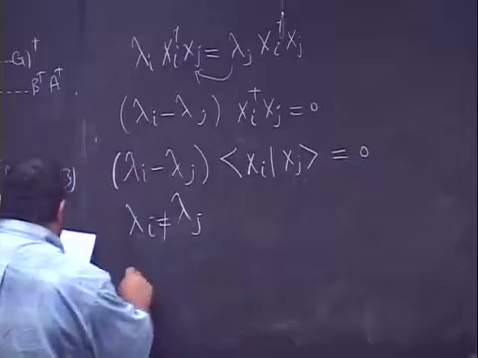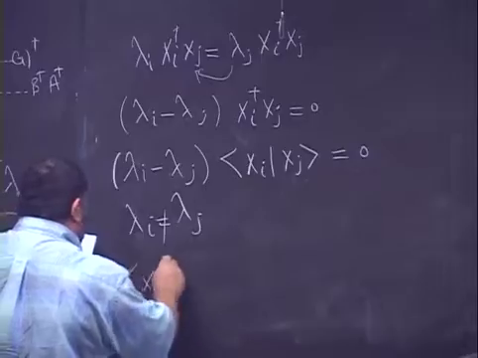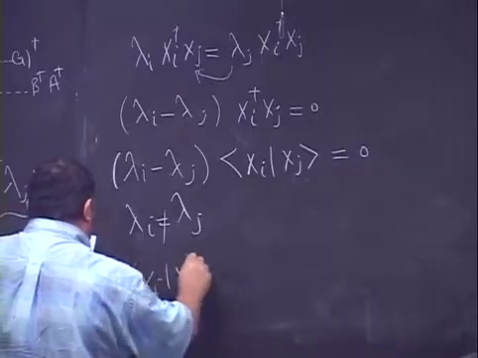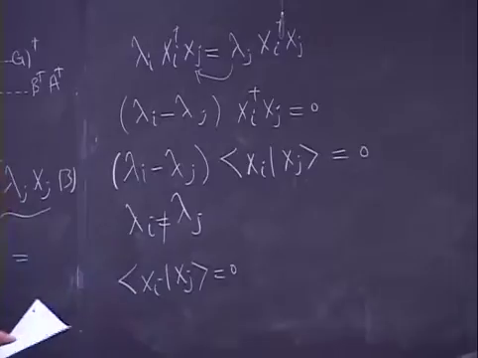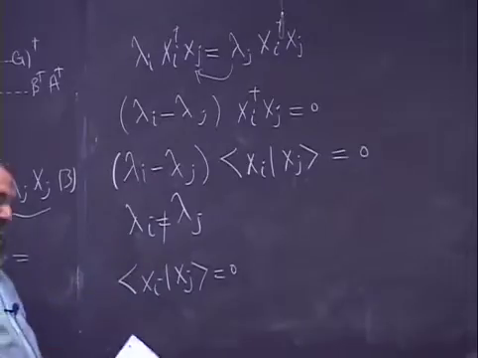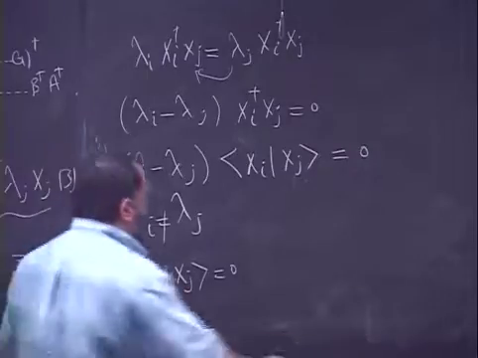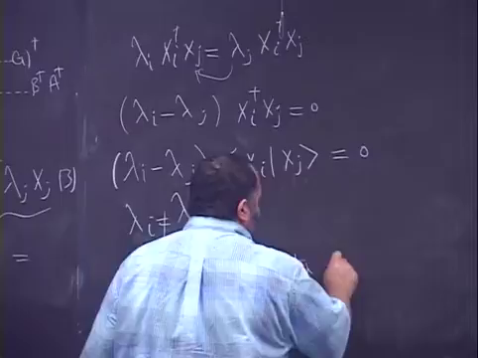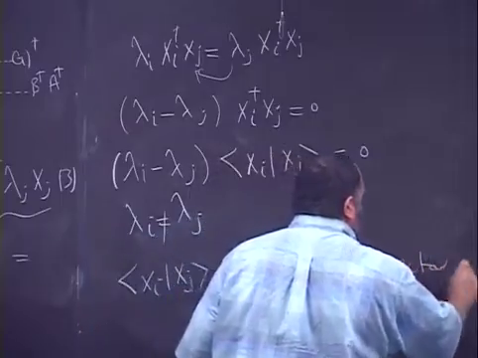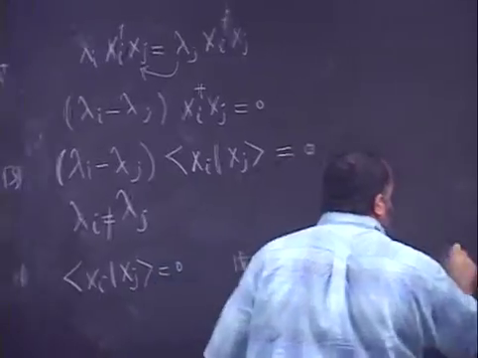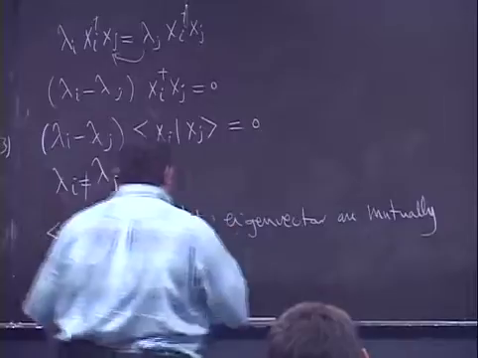The inner product should be equal to 0, and this means that the inner product of Xi and Xj is 0. What does it mean? Orthogonal. So the eigenvectors are mutually orthogonal.